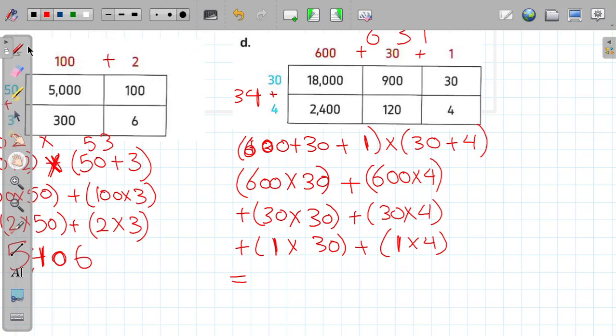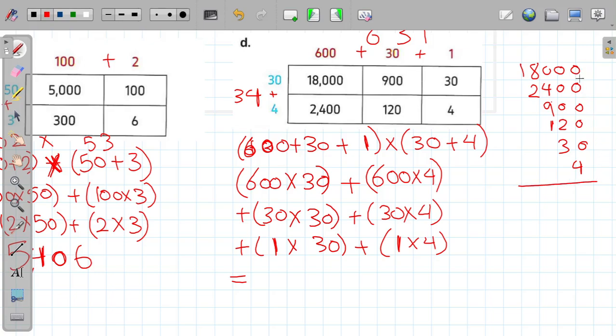I have 18,000, and I have 2,400. I have 900. I have 120. I have 30, and I have 4.